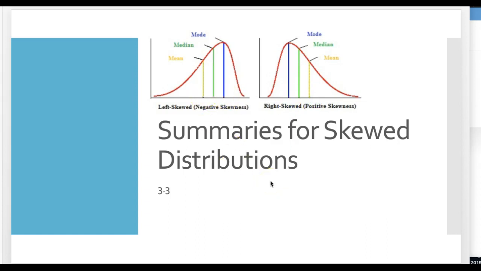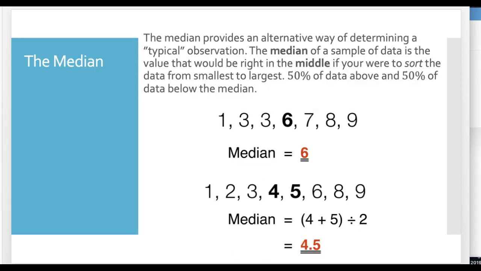Okay, but let's get into some of these other numeric summaries we use to measure center for these distributions. So the first one is the median. What we're saying is, okay, we know our distribution definitely has some skewness going on, skewed to the left, skewed to the right. I still want to measure the typical value or the center of this distribution.